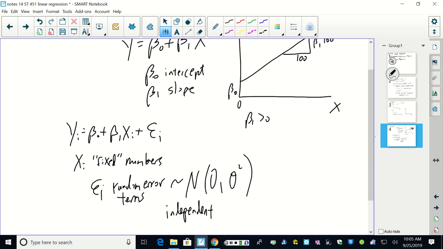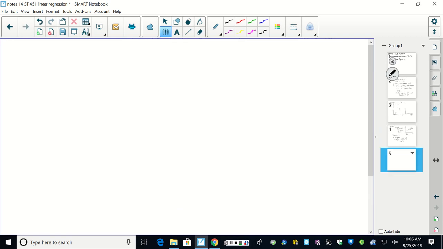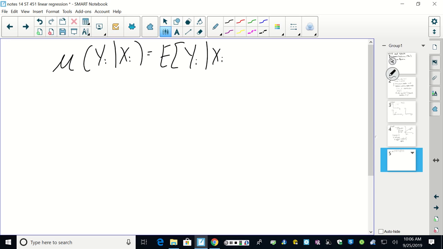But under this model, we can look at the average value of Y. The book uses this notation: mu of Y sub i given Xi, which in other notations would be the expectation of Yi given the value of Xi, or conditional on it. And it's going to be beta 0 plus beta 1 Xi. The expectation of that random error is 0, so it's not there.